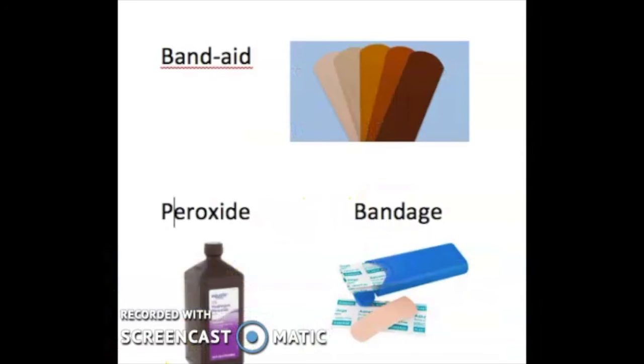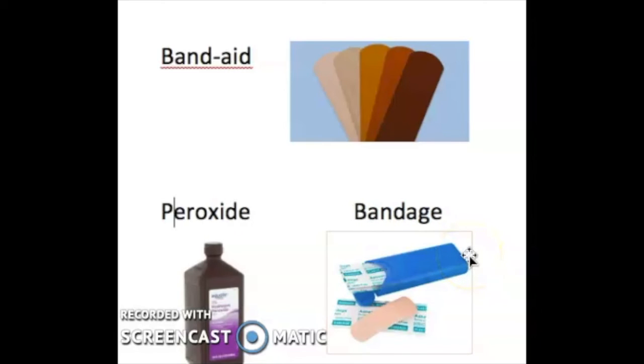Now let's look at these pictures. The top one says Band-Aid. You might use a Band-Aid on a cut or a scrape. Now one of these words down here is a synonym and means almost the same thing. Here we have peroxide, and here we have bandage. Which word means almost the same thing as Band-Aid?